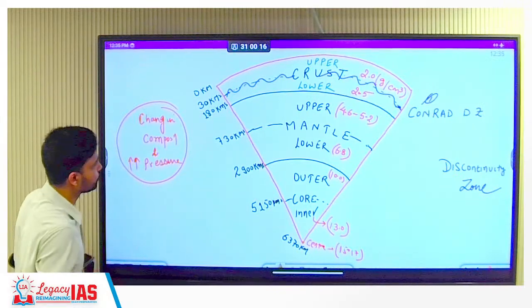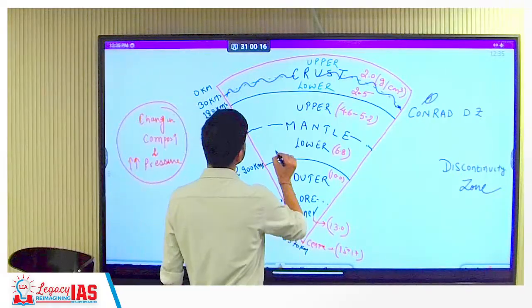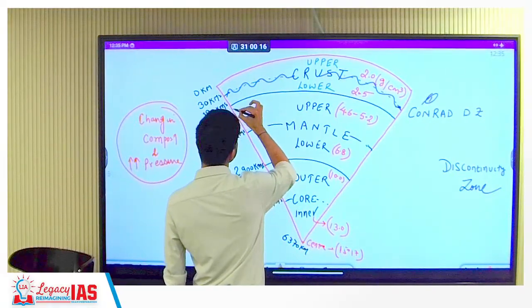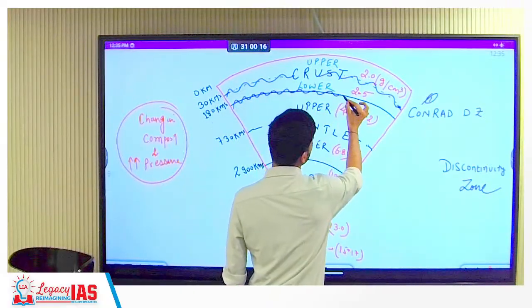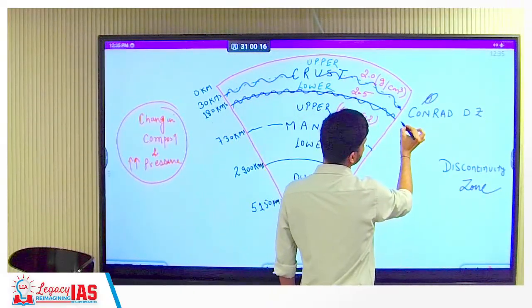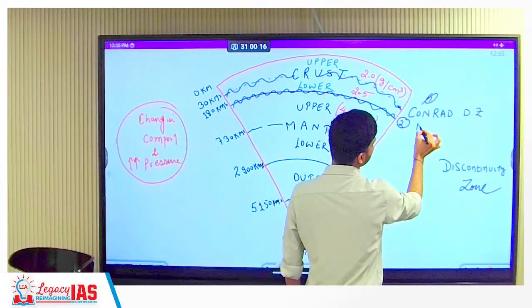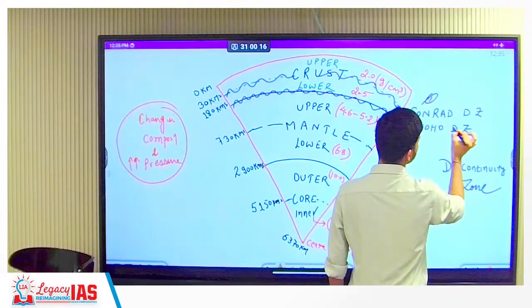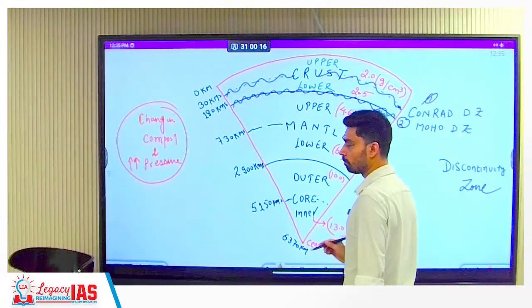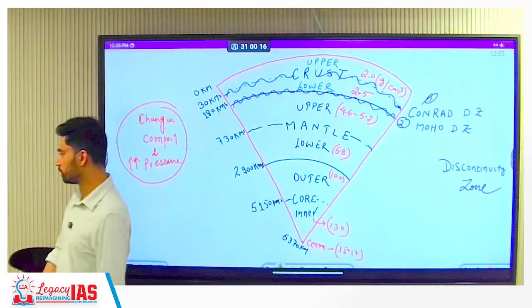Then the second discontinuity you will find between which layers? Lower crust and upper mantle. This discontinuity is referred to as the Moho discontinuity zone.